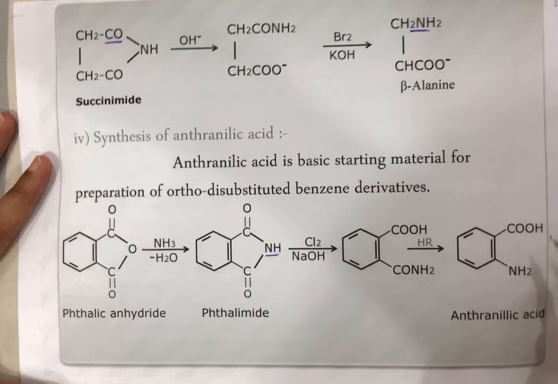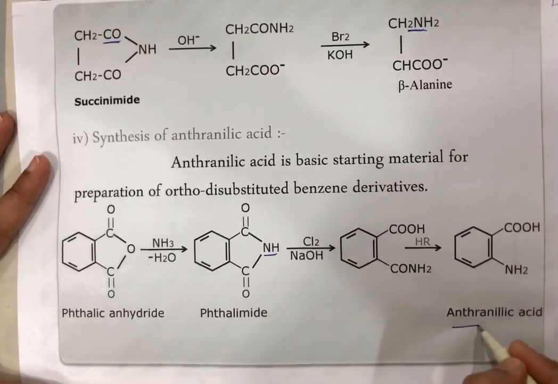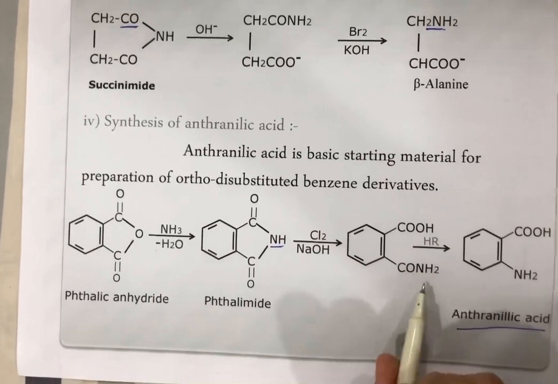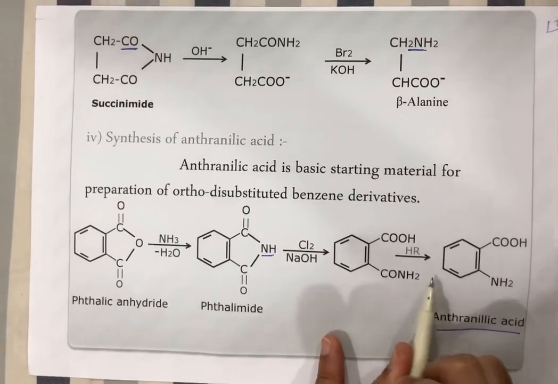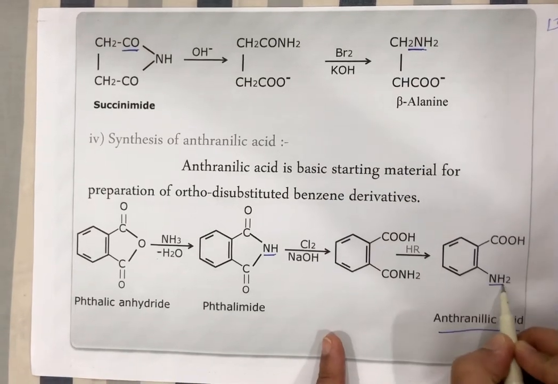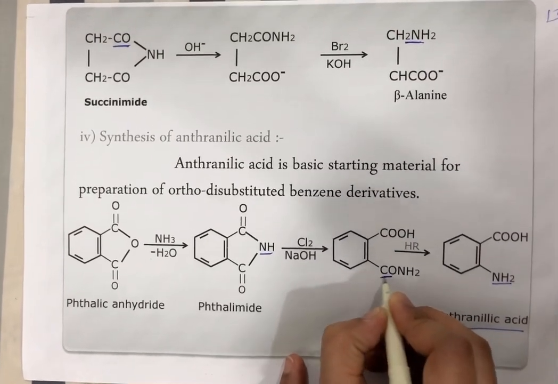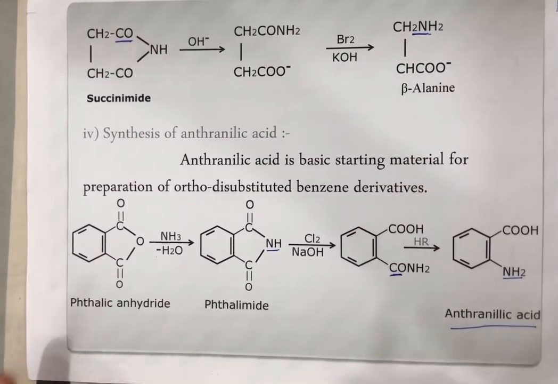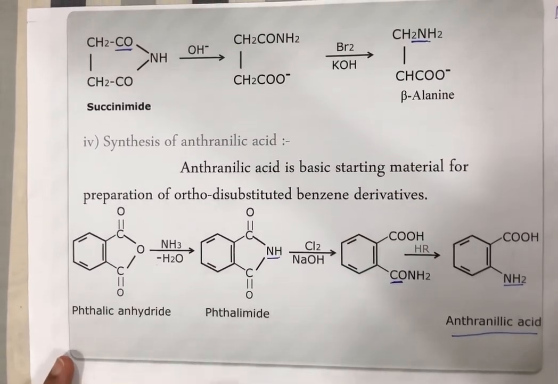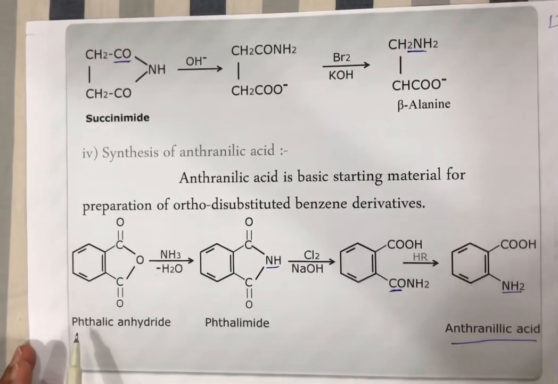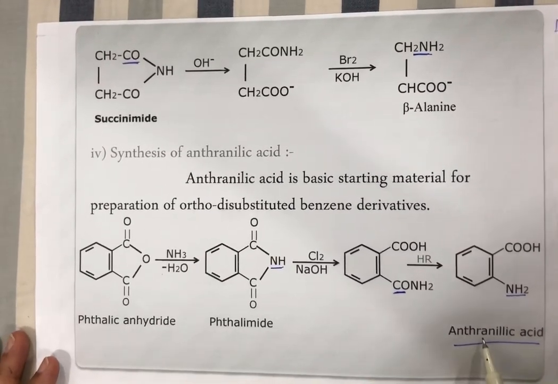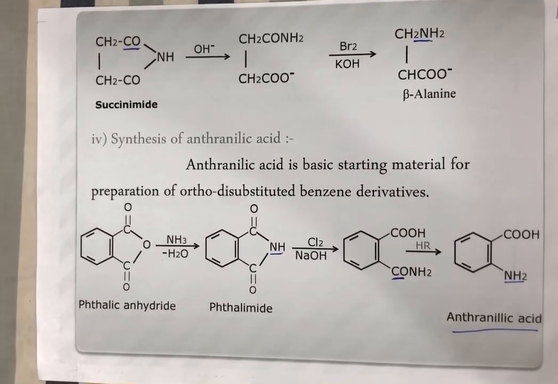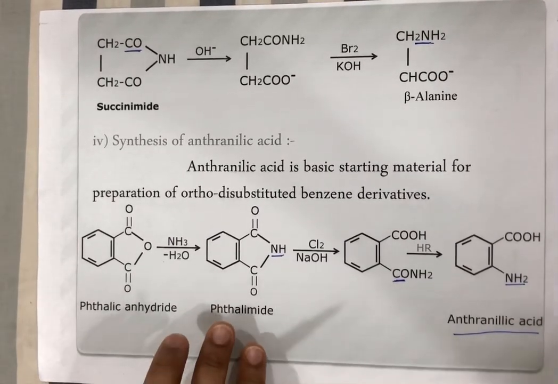It converts into anthranilic acid. So the CONH2 group is converted into only NH2. The C double bond O group is removed and anthranilic acid is formed. Sometimes in the exam they can ask the conversion of phthalic anhydride into anthranilic acid. So you have to write these three-step reactions.